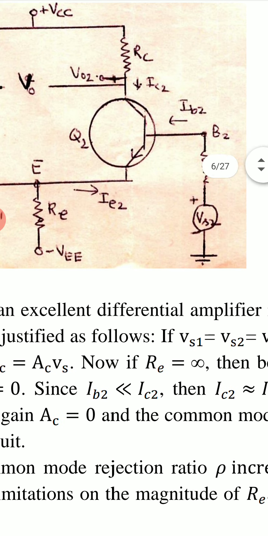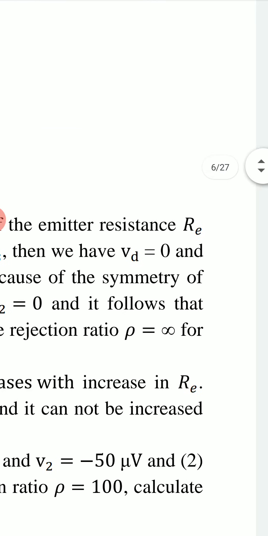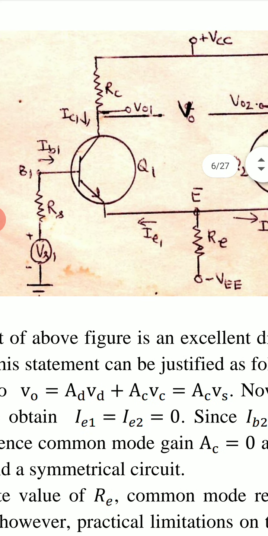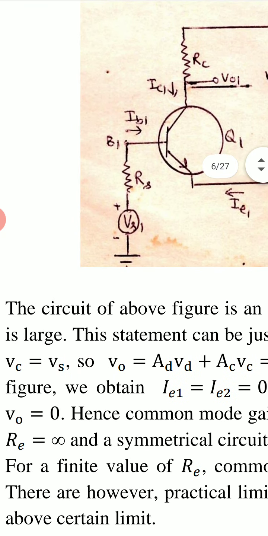Since IB2 is much less than IC2, IC2 also approximately becomes equal to IE2, and IE2 is 0, so IC2 also becomes 0. So the collector current also becomes 0, and it follows that Vo is 0. So we get output voltage equal to 0.